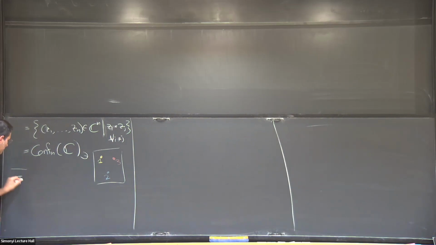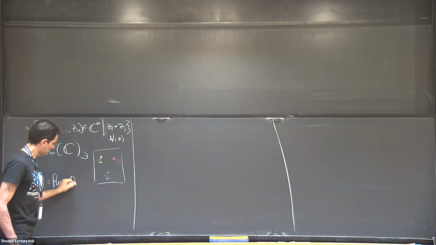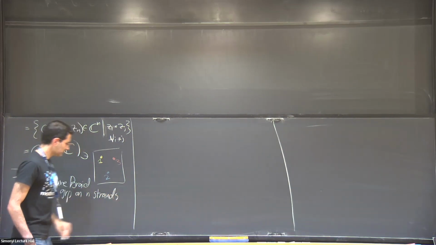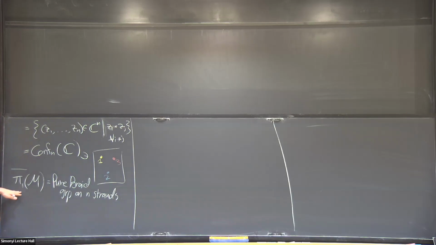And just to be convinced that this is an interesting space, I'll mention that the fundamental group of this space is the pure braid group, and strands, because if you think of the braid group as a space of loops of these pictures, and you take a loop that starts and ends with the points being in a row, and instead of playing it as a movie, you put it in 3 dimensions where this is the time direction.